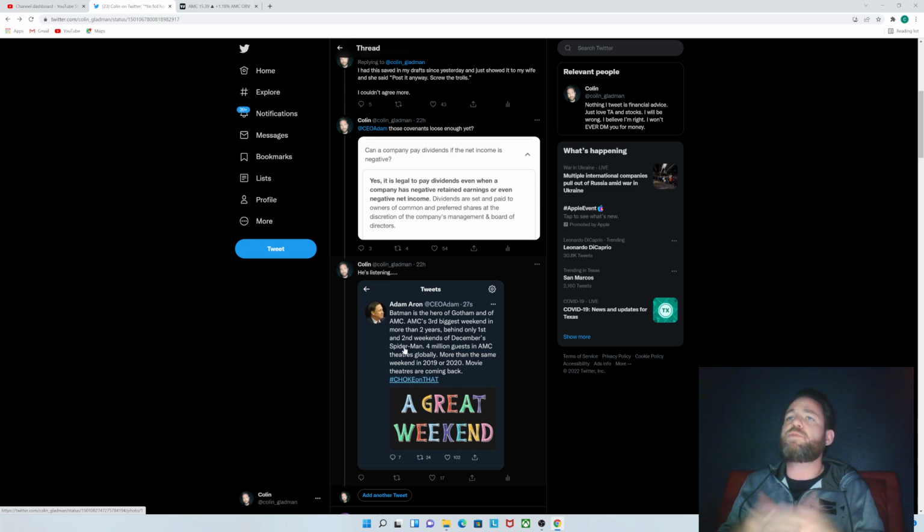But we all believe, we're in this play because we all believe that the float of AMC and GameStop and several other meme basket stocks has been sold multiple times over. I do believe there's probably about 4 to 5 times the float of shares floating around out there. I don't believe retail owns 90% of the float. I believe retail owns a lot more than 90% of the float.